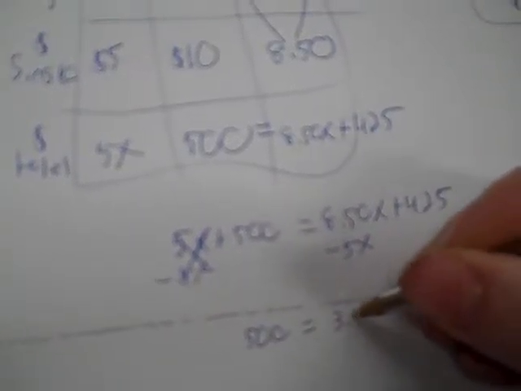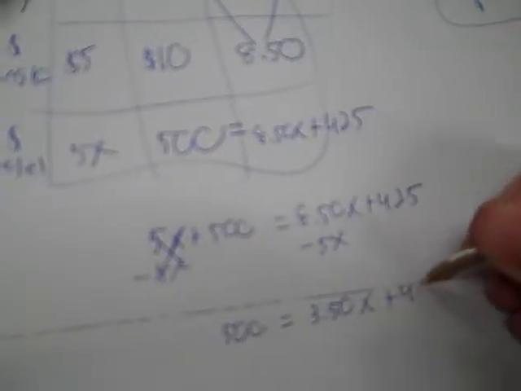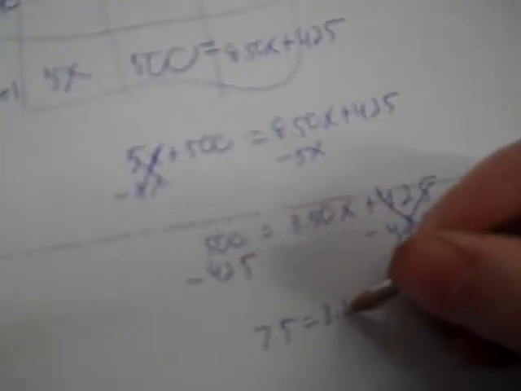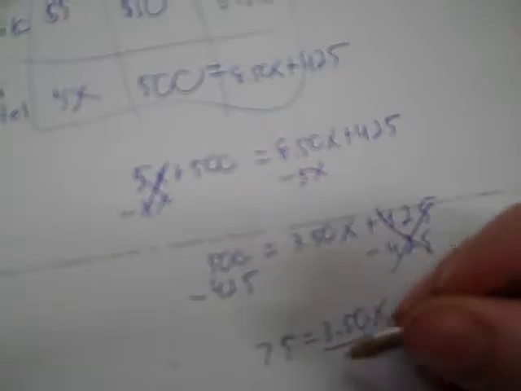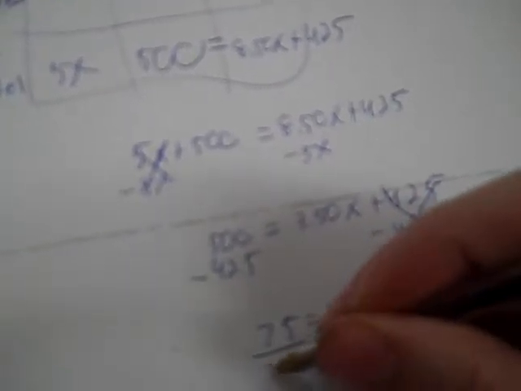So I've got 500 equals 3.50x plus 425. Now I subtract 425. That's 75 equals $3.50 times x. So I divide by 3.50. And 75 divided by 3.50 is 21.4.